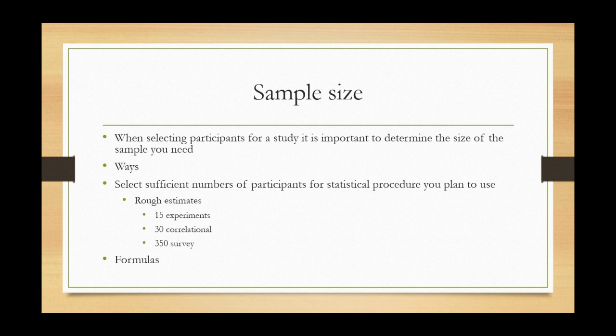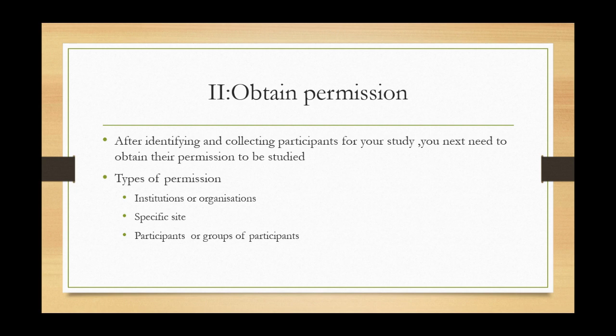Using a formula takes out the guesswork of determining the number of individuals in the study, and it provides a precise estimate of your sample size. There are different formulas that you can use to calculate your sample size. They are found in different books, or you can search them online, and you will find a lot of formulas.